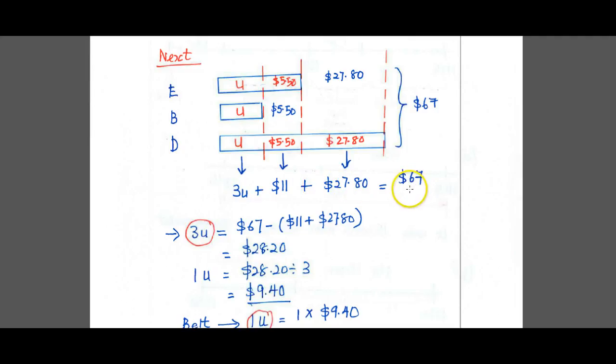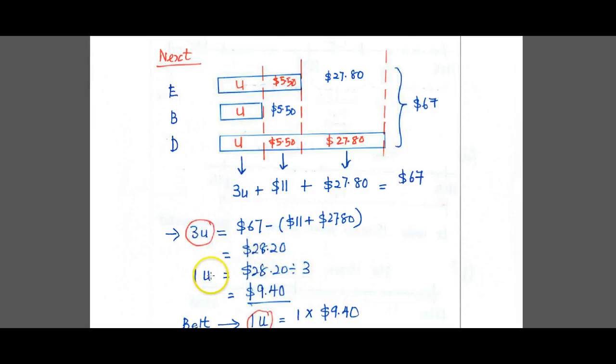So from here, can you find? Yes. Take 67 minus 11 minus 27.80, you will get 3U. 3U is 67 minus those two figures. So you get 3U is $28.20.